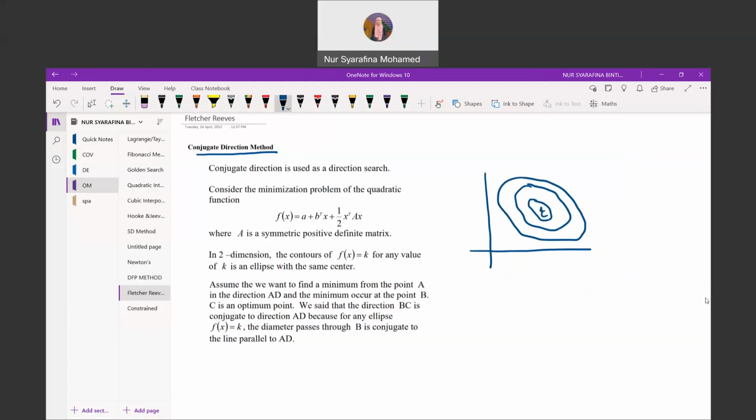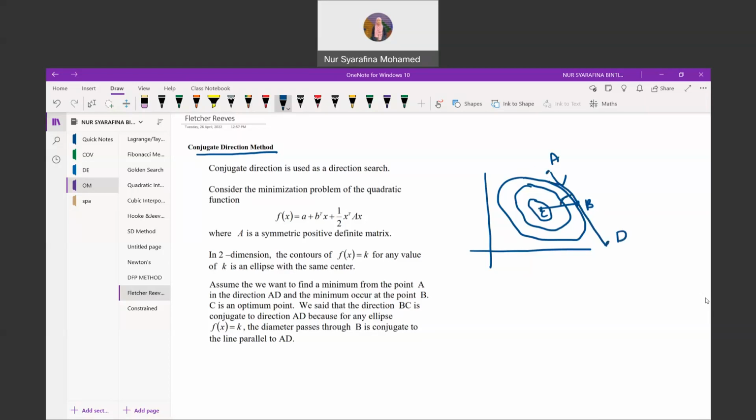This is C, this is B, so this BC is conjugate to AD.